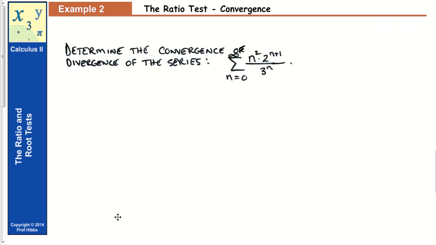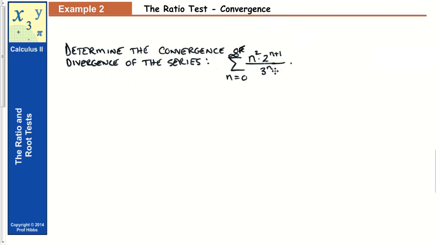So here's our second example of using the ratio test. Determine the convergence or divergence of the series from n equals 0 to infinity of the term n squared divided by 2 to the power n plus 1 over 3 to the n.